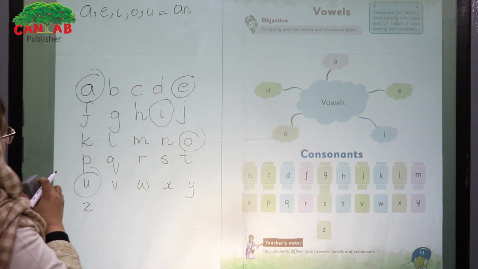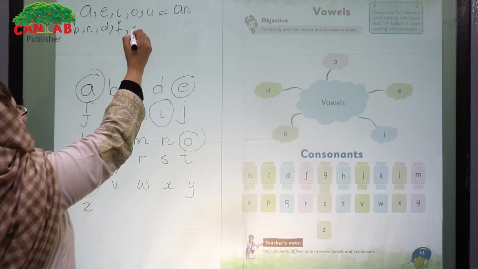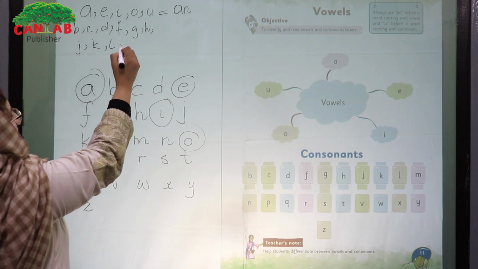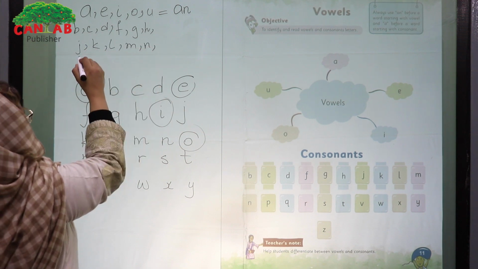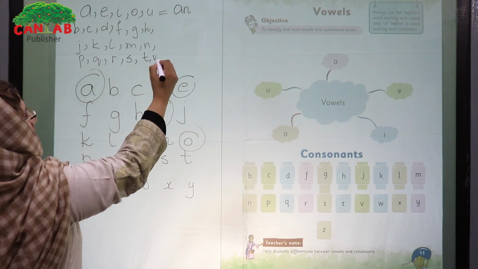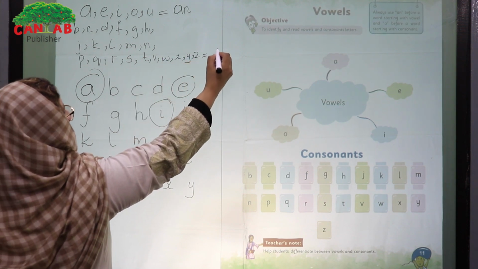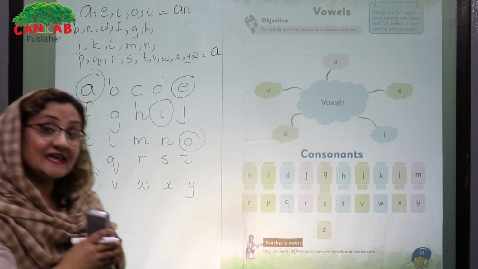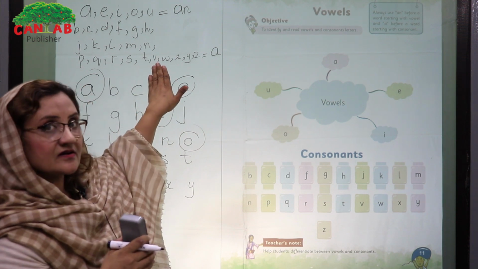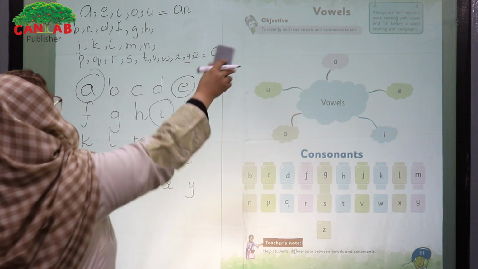And all the consonants B, C, D, F, G, H, J, K, L, M, N, P, Q, R, S, T, V, W, X, Y, and Z are the friends of a. Whenever they are written single, they use the word a. Like this.